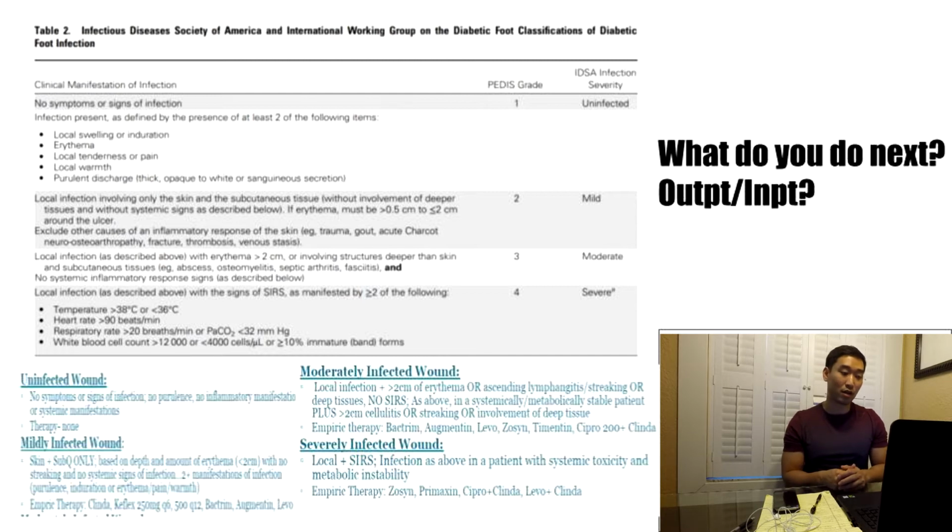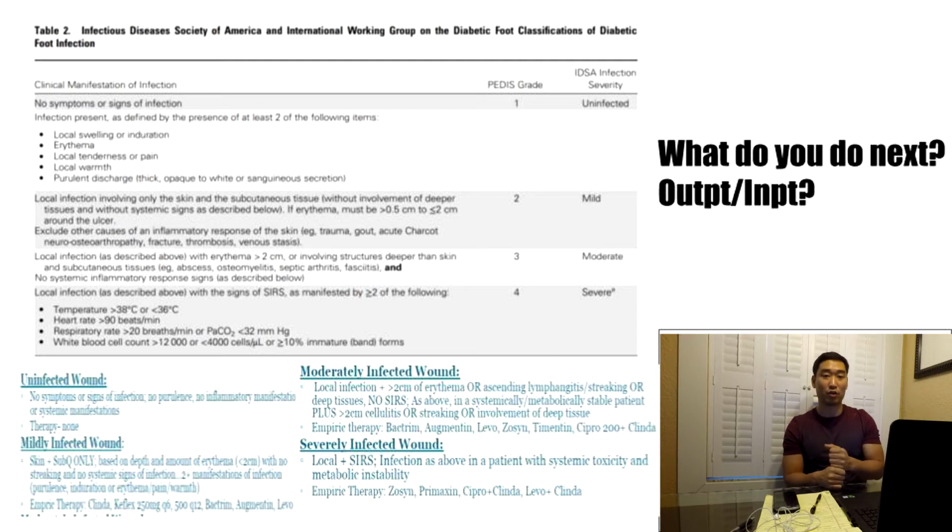On the slide over here, I also put the IDSA guideline of how to classify wounds. The way I look at it, uninfected is not infected, obviously, no redness, no signs. Mildly infected is if it has erythema less than 2 centimeters. If you have purulence, you basically have an infection that you need to worry about in a diabetic patient, especially in an immunocompromised state.